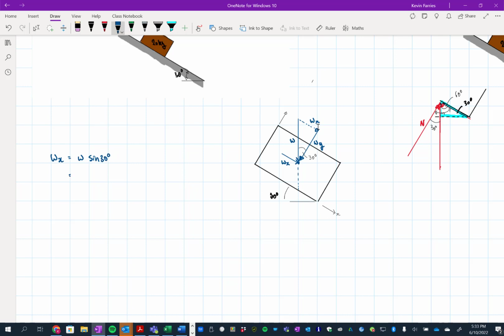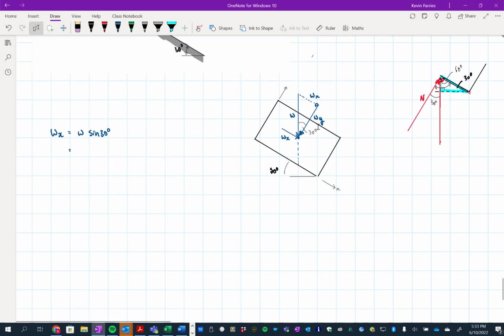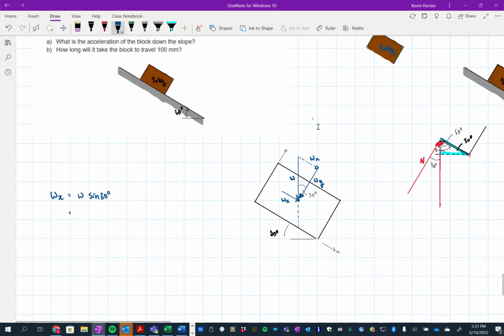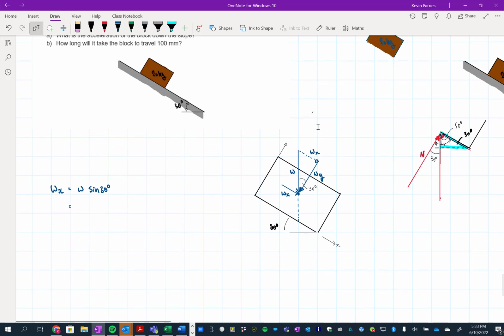You notice in these examples I'm choosing sine a lot, it just makes the calculation simpler, but it could be any angle that you end up with. The weight is just mass times gravity. So that's going to be 20 times 9.81 times sine 30 degrees. We just calculate that. That would be 196.2 times sine 30.